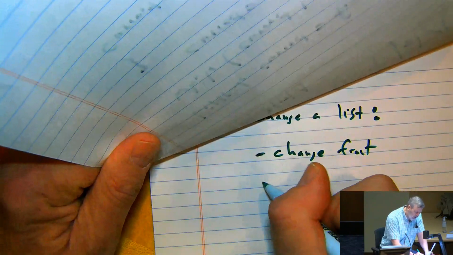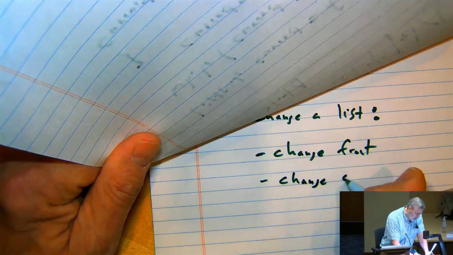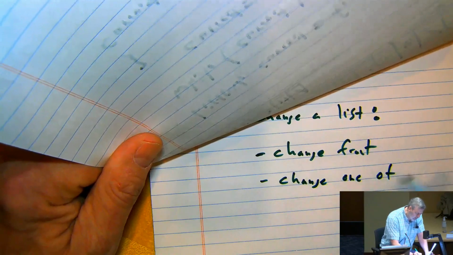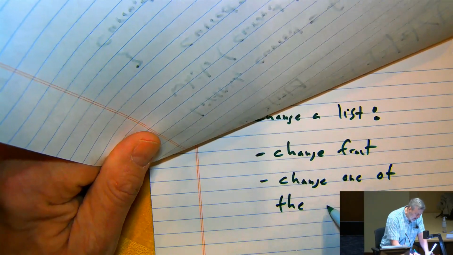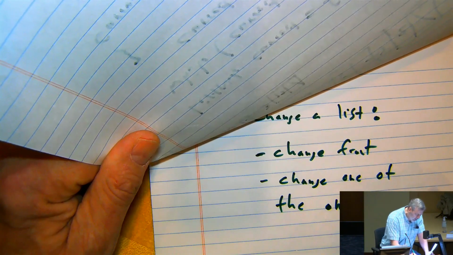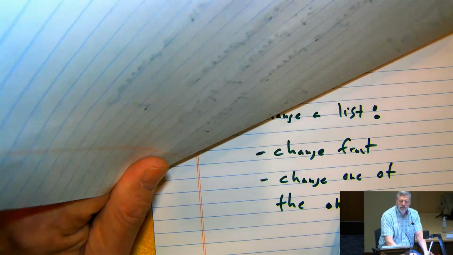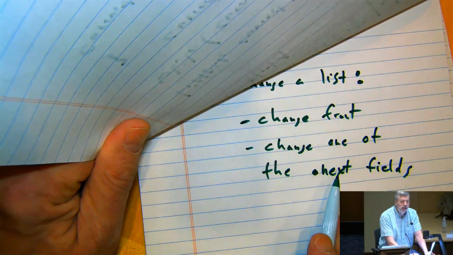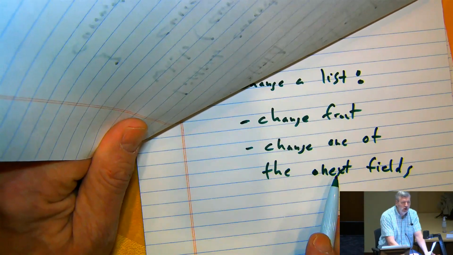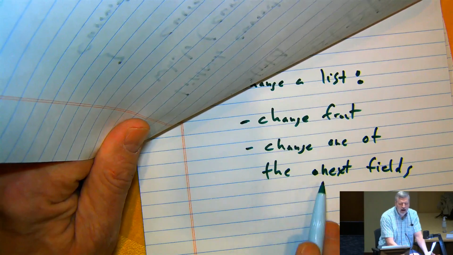So that is definitely one of the 2 ways that you can change a list. The other way of changing a list is to change one of the dot next fields. And it may seem odd, they're really called next, these fields. It may seem weird that I'm putting a dot in front of it, but I'll try to make that clear in the examples that I'm going to give, that you'd have to have a line of code that is somehow accessing something dot next.